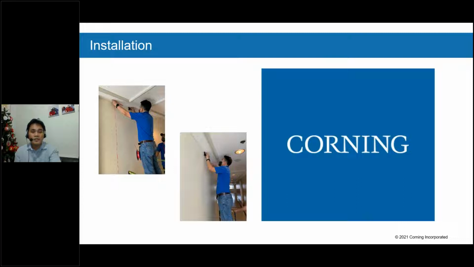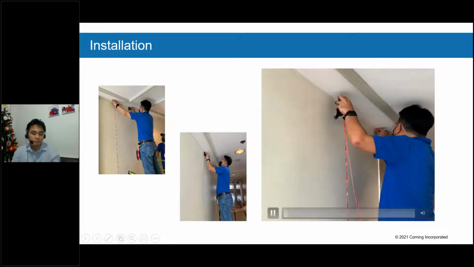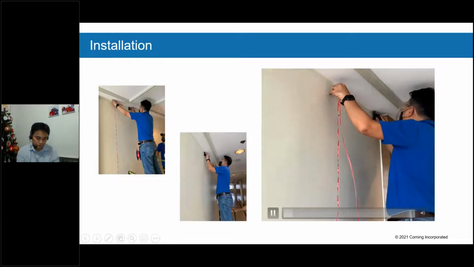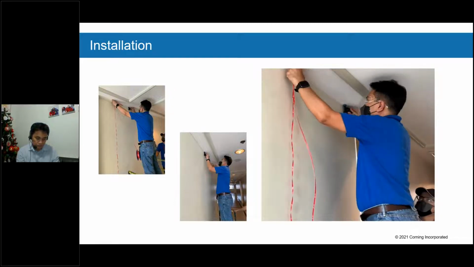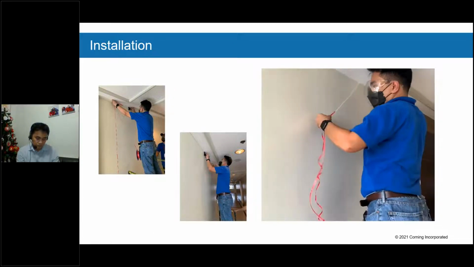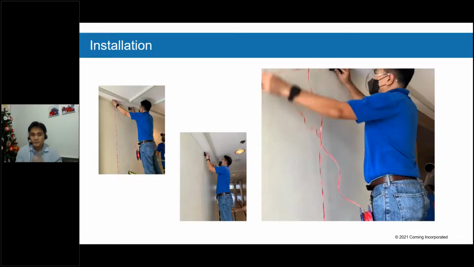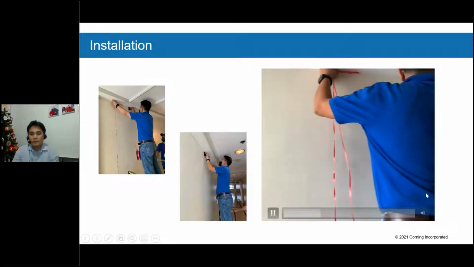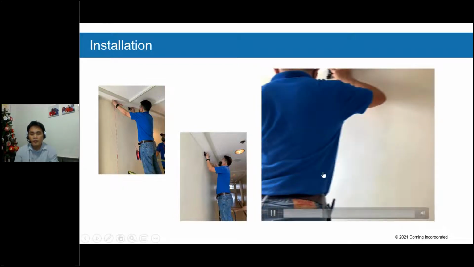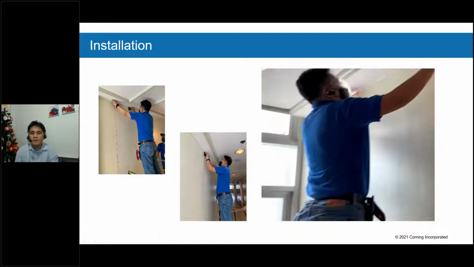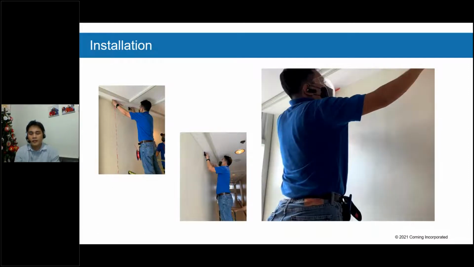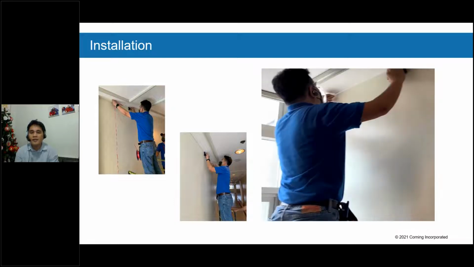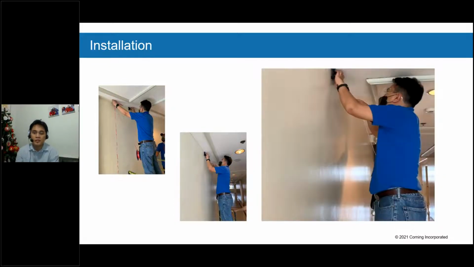Okay, so let me show you some installation photos as well as a short video. Currently, the ClearTalk fiber pathway hallway is being installed using, as mentioned, the simple installation tool.